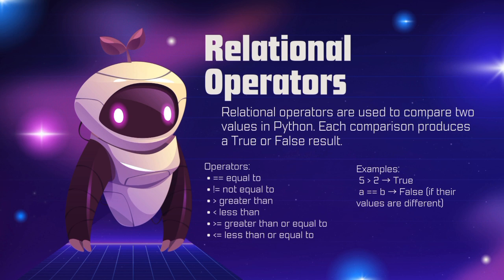So something like 5 is greater than 2 is true, and A equals B could be false if the values are different. Relational operators are important because most conditional logic depends on these comparisons. Before using if, elif, or else, we need to understand how these operators work.